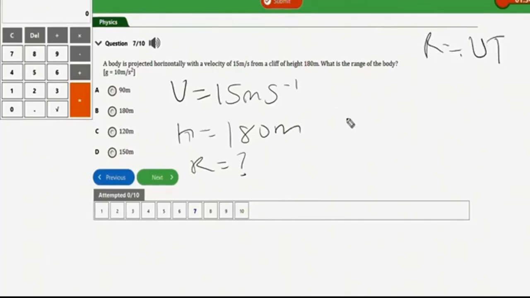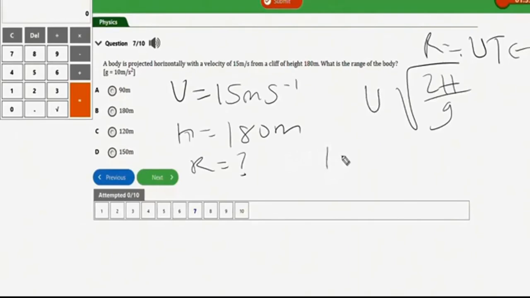Now one of the formulas for time of flight when height is given is the square root of 2h over g. Alright, so basically, to solve this question from this relationship, all you need to do is to multiply this with the initial velocity.